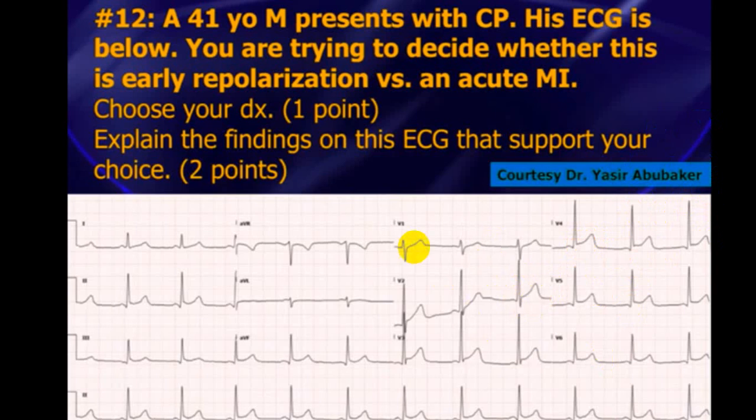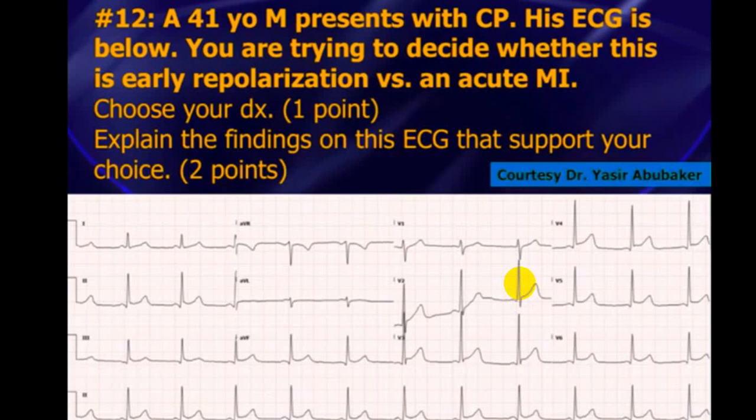So this was discussed by Dr. Matu, a prominent cardiologist in USA. He gives a very good idea that in V2 and V3, if there is a J point and if there is S wave present in V2 and V3, it is more in favor of early repolarization.